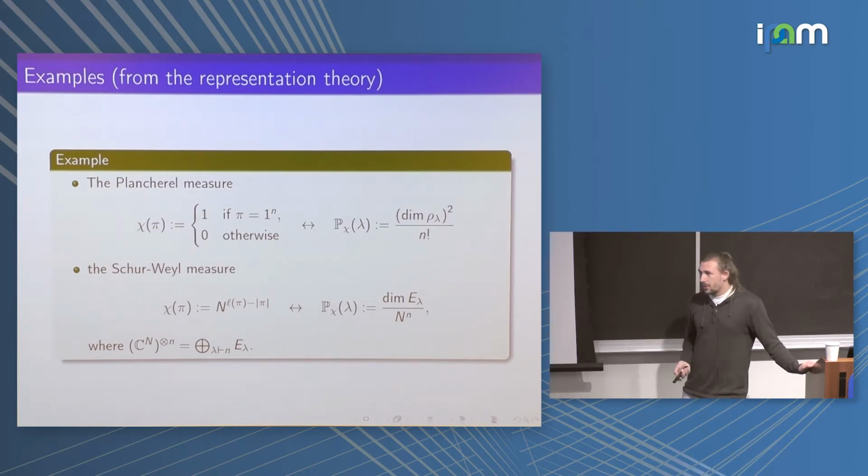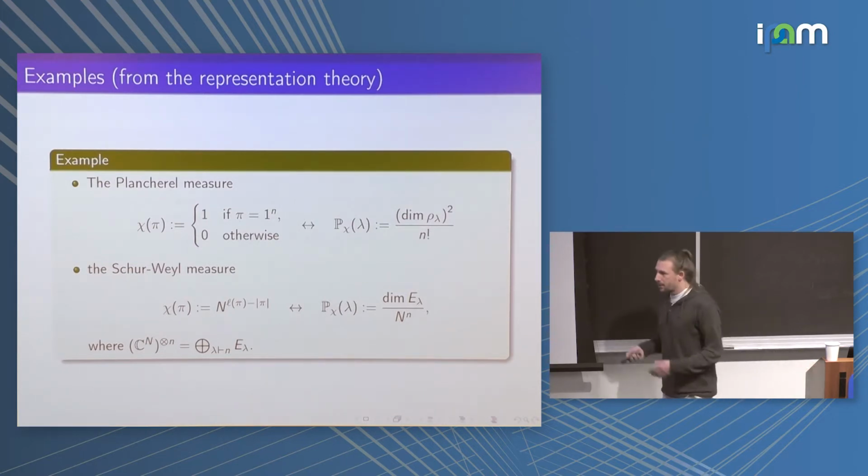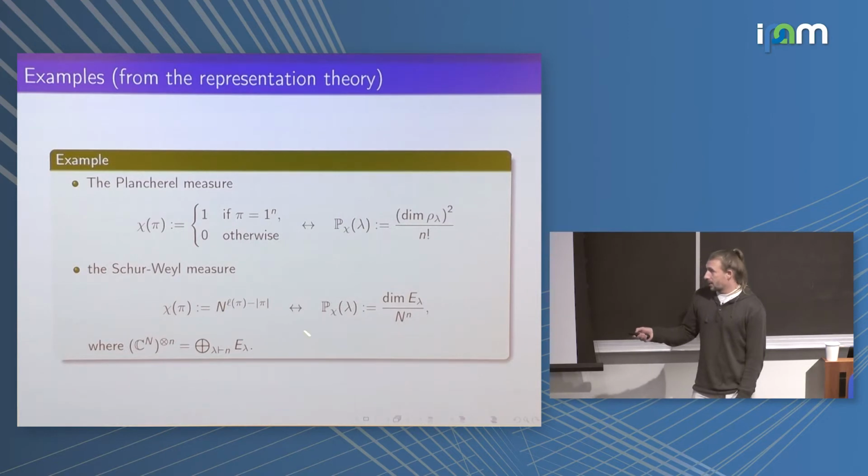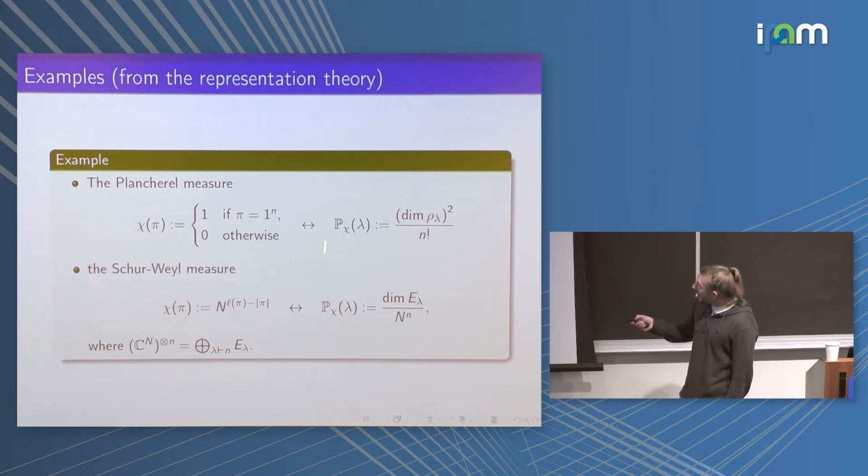Another very natural representation of the symmetric group, especially from a combinatorial point of view, is an action of the symmetric group on words in an alphabet with letters from 1 to big N. And again, this character is computed easily. It's a trivial thing.